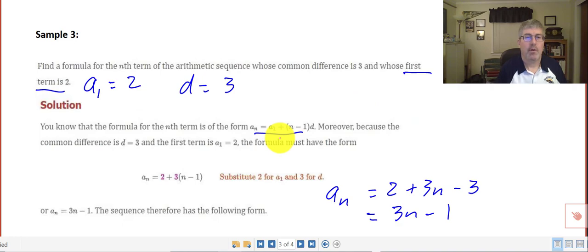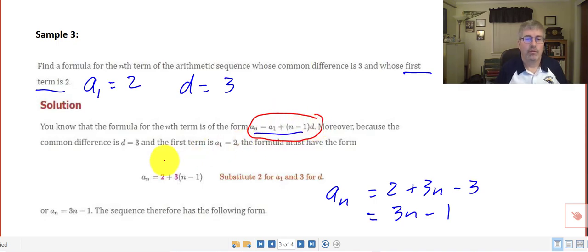So looking at a sample, find the formula for the nth term of an arithmetic sequence whose common difference is 3 and whose first term is 2. So they're giving us our first term is 2, so our a sub 1 is 2 and d is 3. Substituting those values into our formula, a sub n equals a sub 1 plus n minus 1 times d.